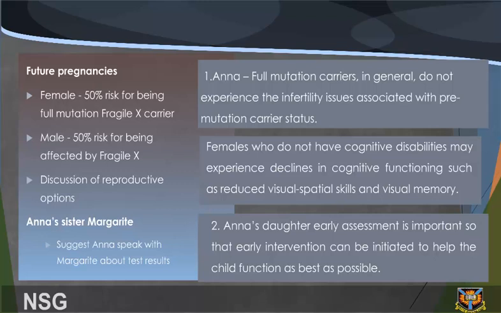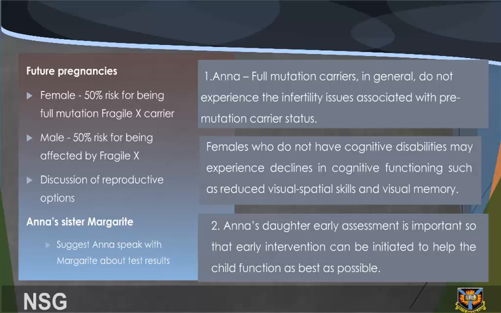Discussion of reproductive options. Hannah's sister Margaret: suggest Hannah speak with Margaret about test results. 1. Hannah, as a full mutation carrier, in general does not experience the infertility issues associated with premutation carrier status.